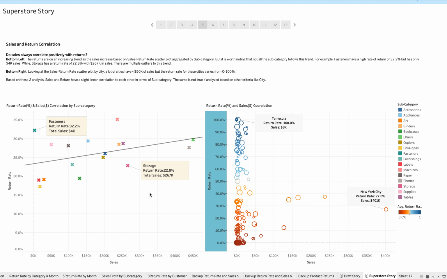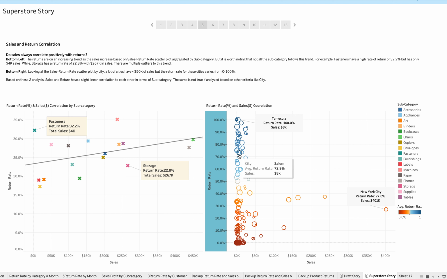We can see that in terms of subcategories, sales and return have a positive correlation, but then there are multiple outliers, like fasteners, which has a high return rate but low sales, as well as phones, which has a moderate return rate but higher sales.